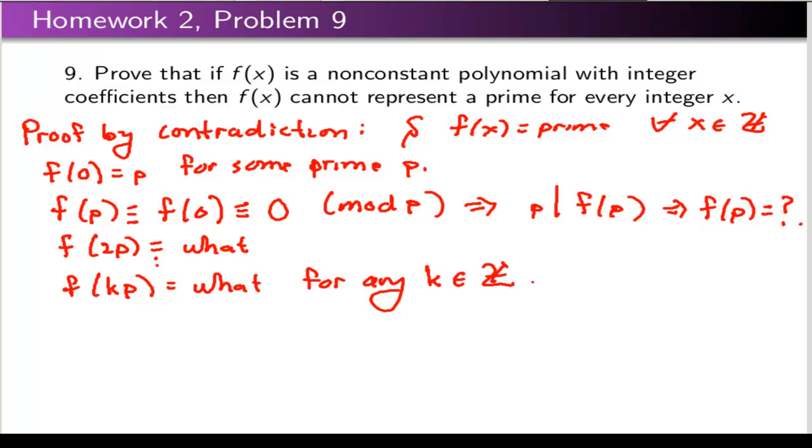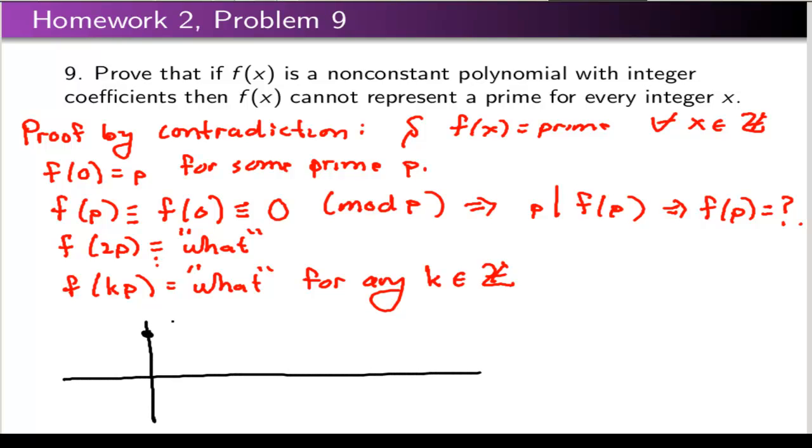Well, think about this being a polynomial now. F of x is a non-constant polynomial, and it's equaling this what value for any k element of z. So graph the function.